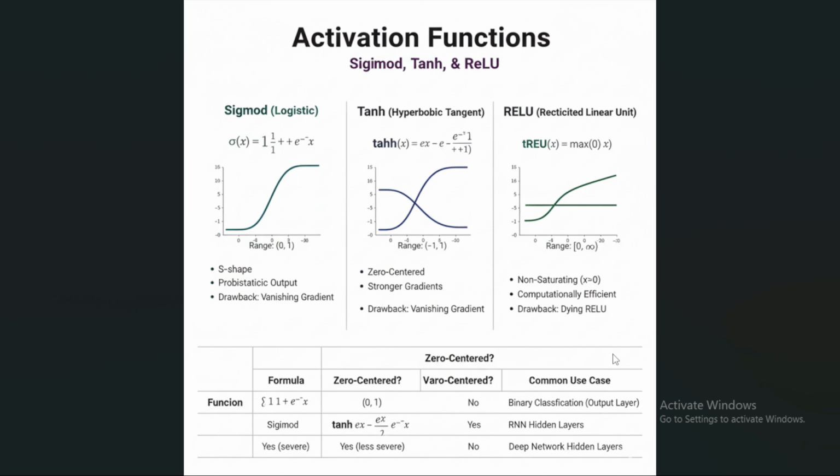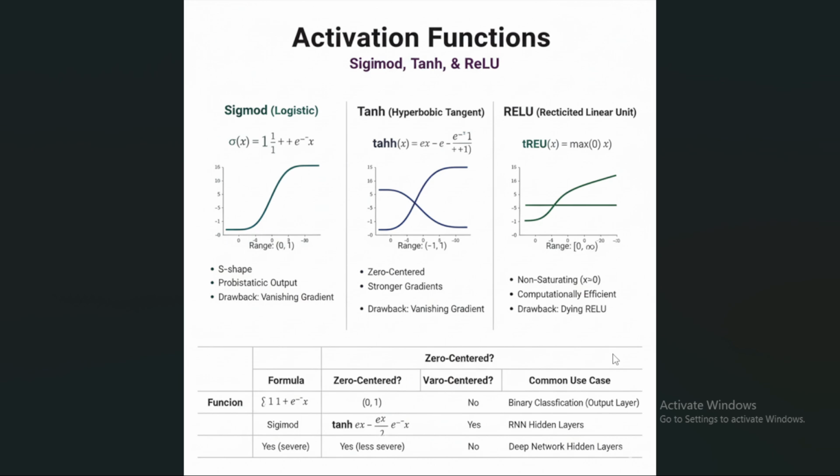So this is based on binary classification, multi-class classification, regression, and if experiencing dying ReLU problem, RNN and LSTM, sigmoid derivative, Tanh derivative, ReLU derivative, and etc. So this is totally based on, as said, probability output, drawback, vanishing gradient, and range.